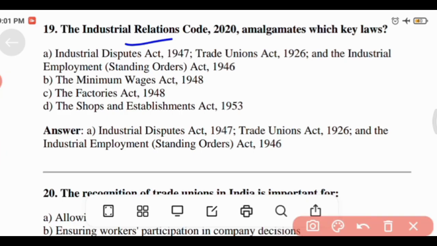The Industrial Relations Code 2020 amalgamates which key laws? Option A, Industrial Disputes Act 1947, Trade Unions Act 1926, and the Industrial Employment Act 1946.